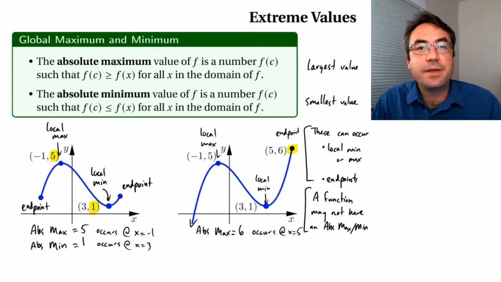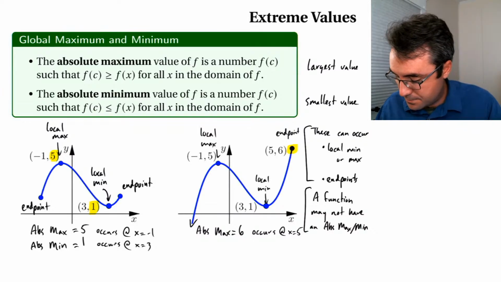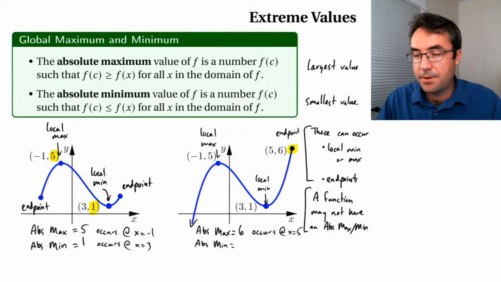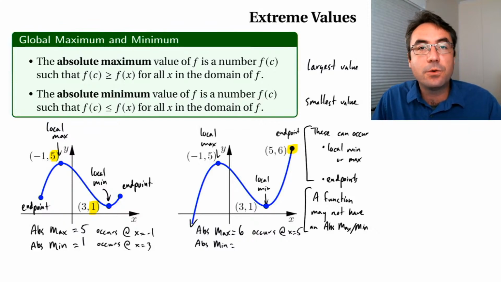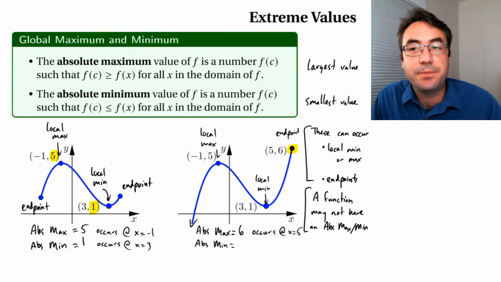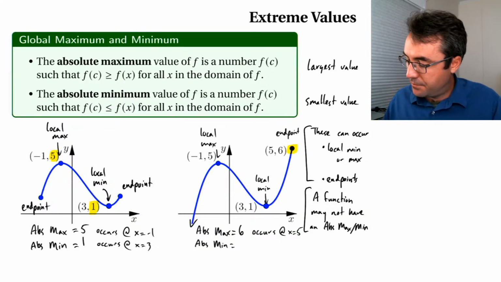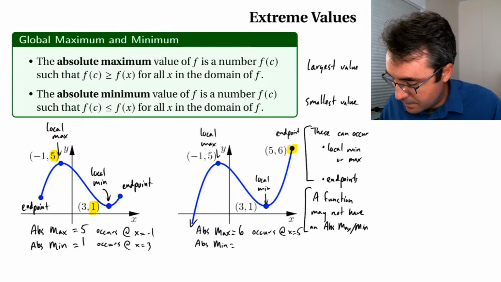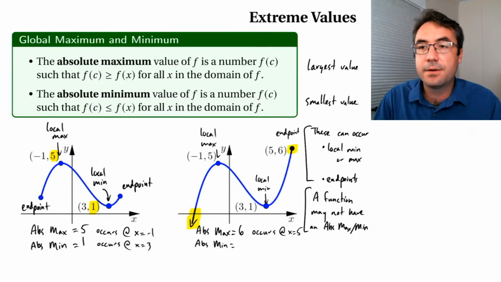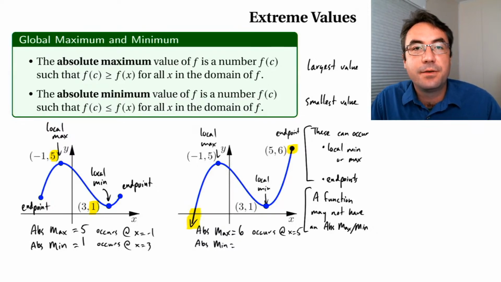Now, if we were to try to find the absolute minimum, the contender would be that local min. One of the contenders, at least, would be that local minimum. But if we look over here, eventually the curve goes below that local minimum.